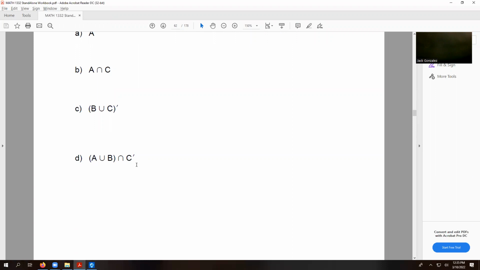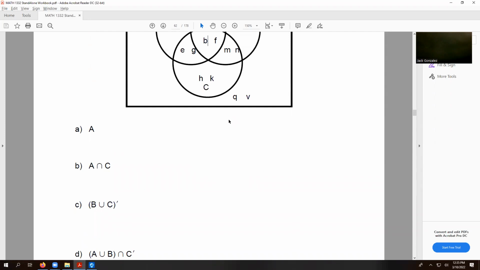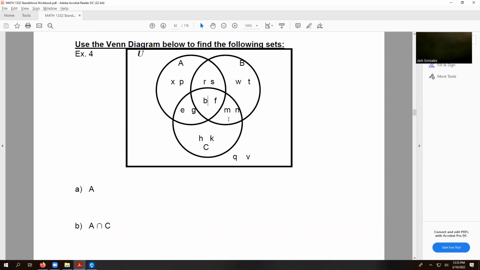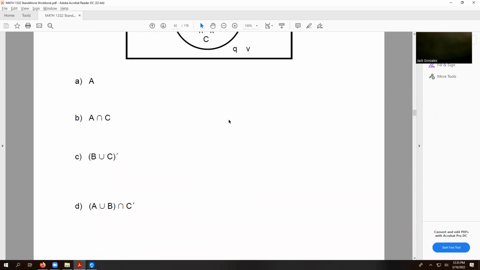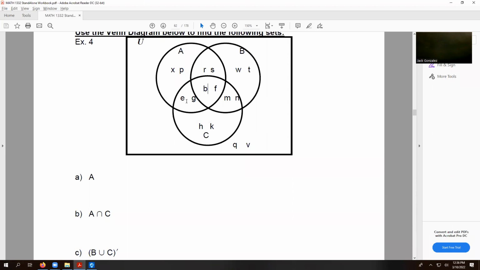D is A union B, then intersected with C complement. This is a little hard to imagine all at once, but let's try. It might be easier to find A union B first. Write it down. A union B is everything in the A and B circles, so let's write all that down on paper.